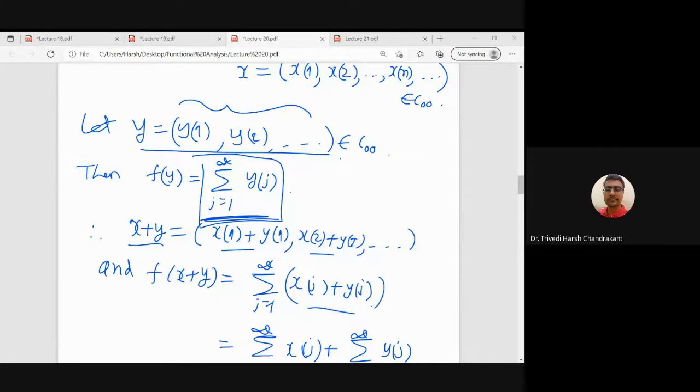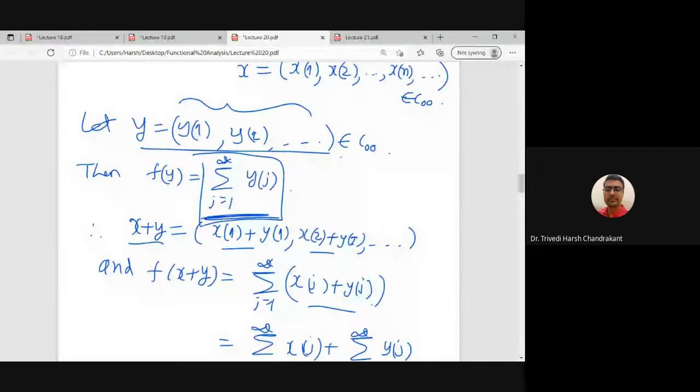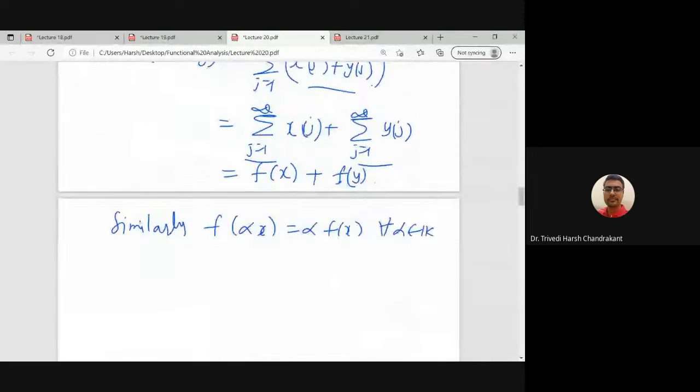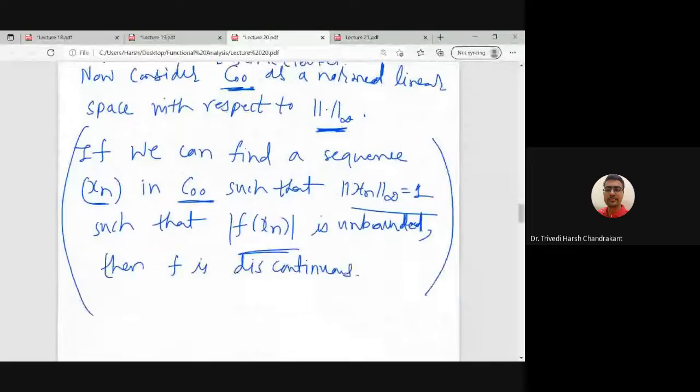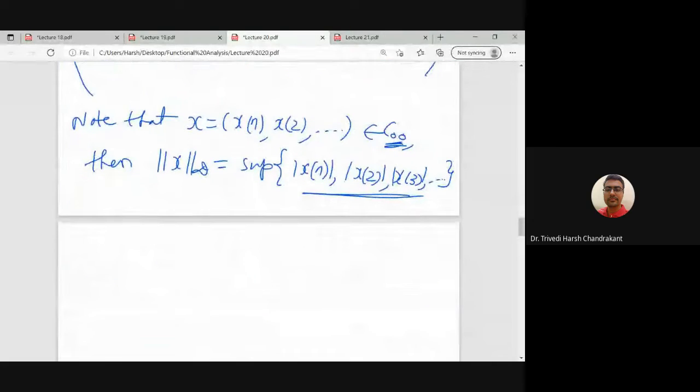Which sequences x1, x2, x3, x4 can we take so that the entries are less than or equal to 1, but when we add the coordinates, the sum goes to infinity? If you think, you will come across a very simple example.